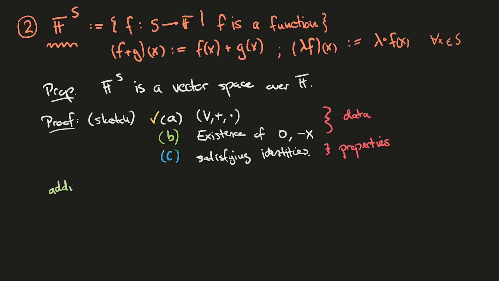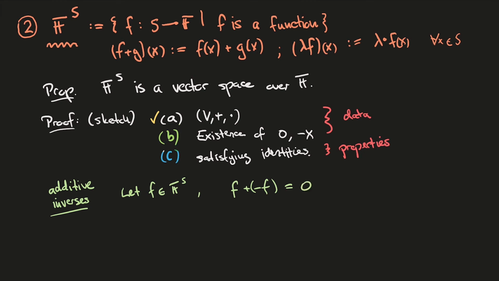Next, we want to see what the additive inverses should be. For this, we let f be an element of Fs, and then its additive inverse needs to satisfy f plus minus f should be 0.